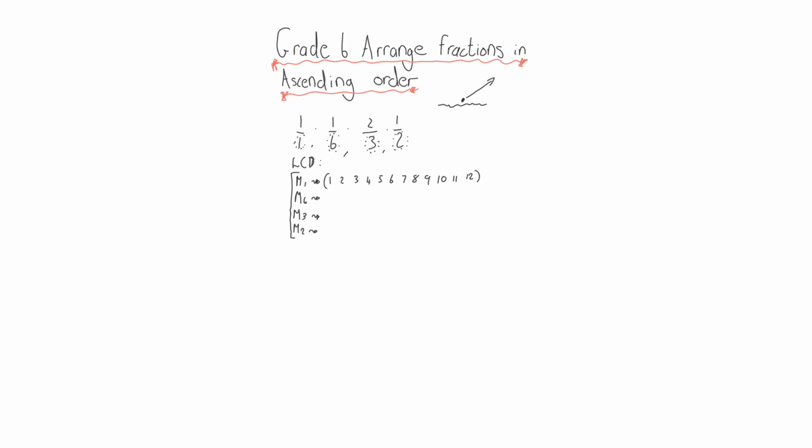Multiples of 6: if you know your timetables, it's going to be very easy, so you can just keep on writing them. It's good for you to write these out. If you don't write these, then I'm going to be honest with you, it's going to be very tricky to get the correct answer.